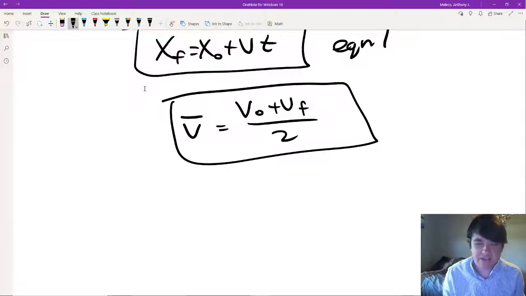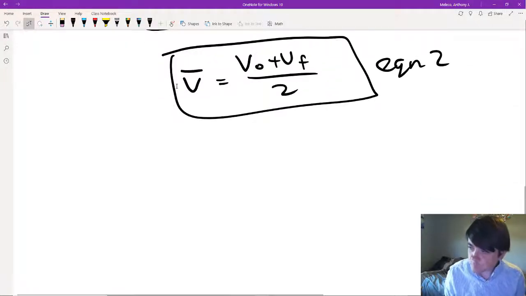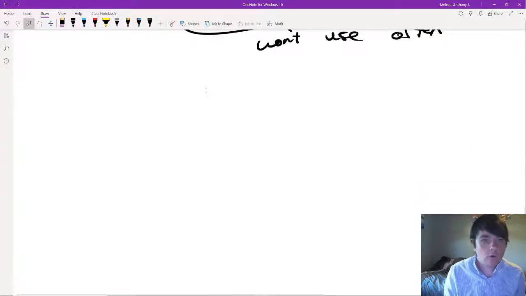This is just a definition of what average is, and this will be equation 2. But we won't really use this often. So now that's equation 1 and 2.